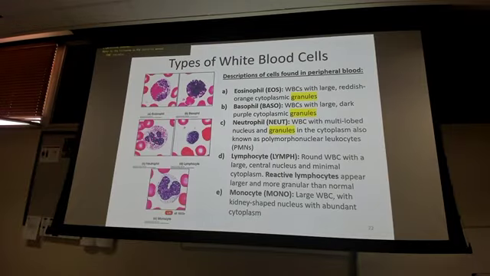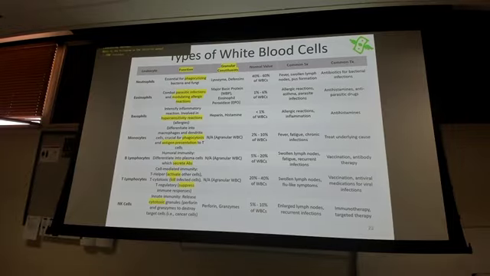Neutrophil, okay? Lymphocytes are a little smaller. They're very round, they have a very central and minimal nucleus. And then you have reactive lymphocytes. If it's reactive, then it's being engaged and it's going after something, it's attacking something. And then lastly, you have those monocytes, which is that cell on the bottom, and they have that kidney-shaped nucleus with an abundant cytoplasm.